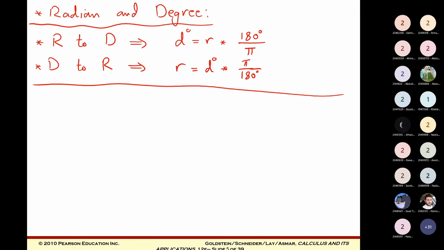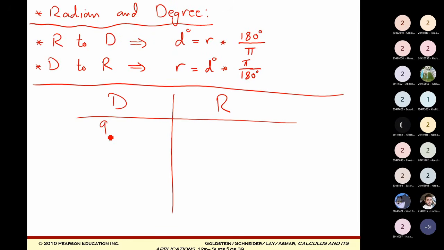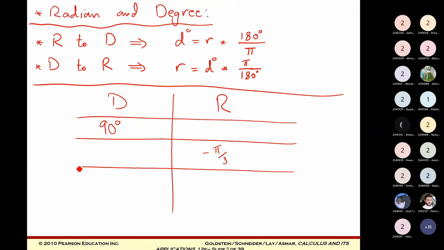By this formula. Example: if we have a degree and we need to convert to radian, for example 90 degree, or minus pi over 3 radian, or 150 degree, or 5 pi over 4 radian.